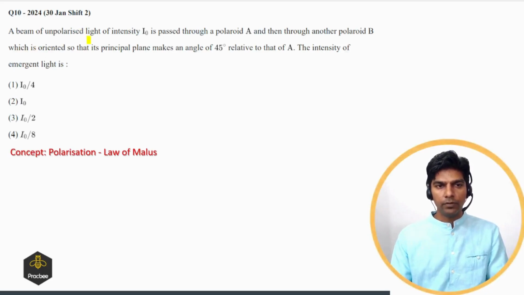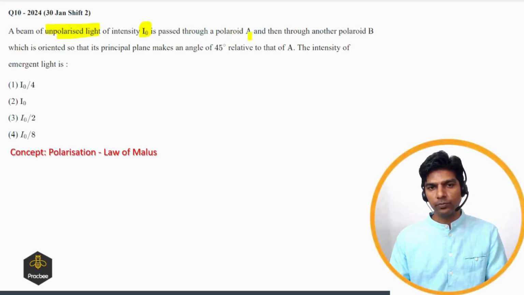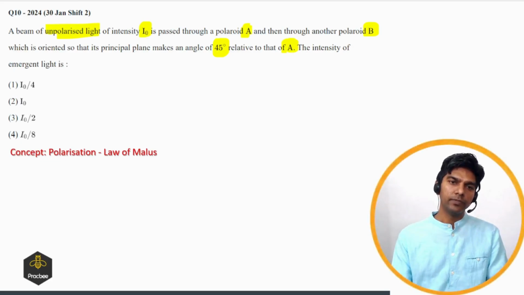A beam of unpolarized light of intensity I naught is passed through Polaroid A and then through another Polaroid B, which is oriented so that its principal axis makes an angle of 45 degrees relative to A. The intensity of the emergent light. Okay, let us see. Let me first draw the diagram.